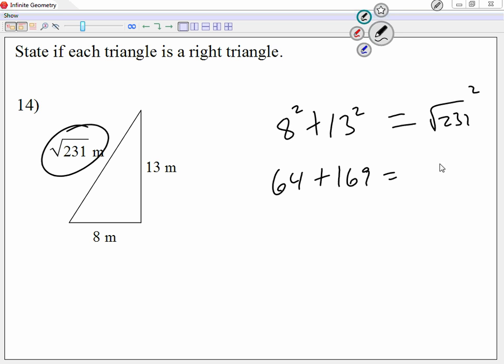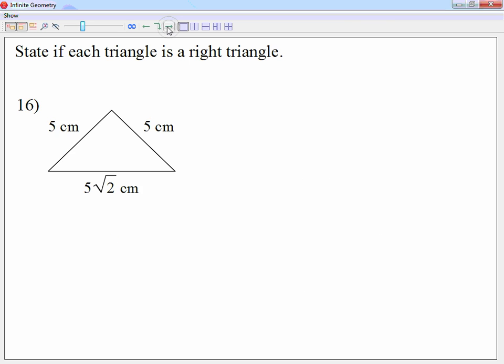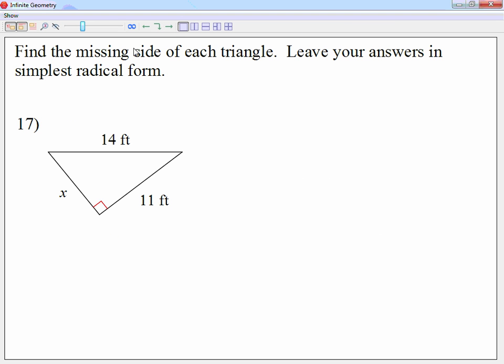Radical 231 all squared is 231. Is 64 plus 169 equal to 231? No. That's like 233. So it's not 231. Okay. We good up until 16?